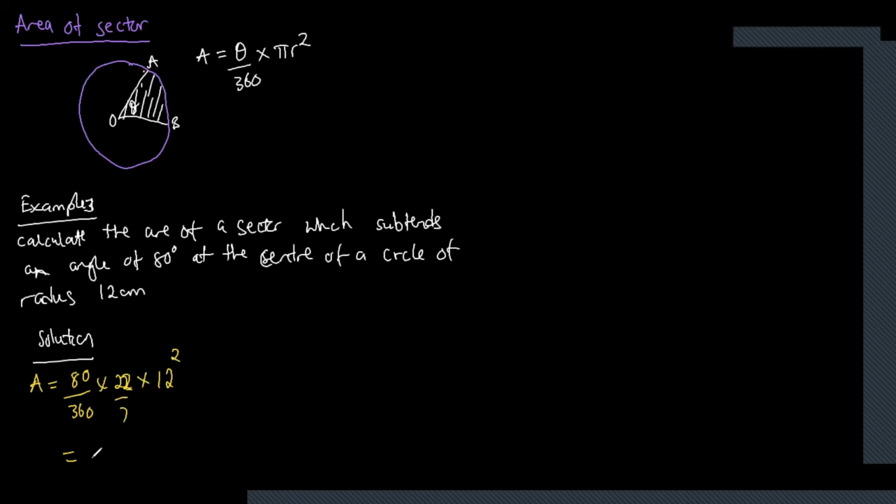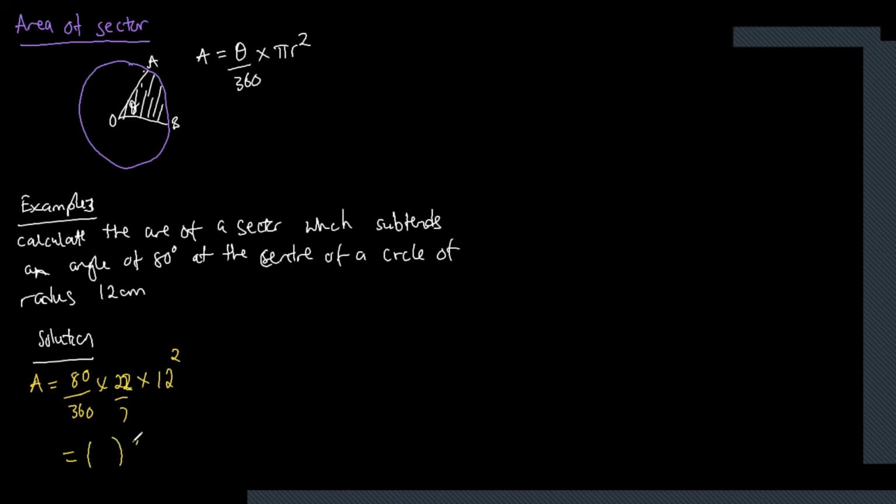80 over 360 times 22 over 7 times 12 squared. So you say 80 divided by 360, and then you get your answer.